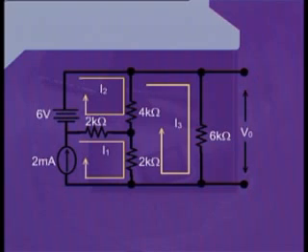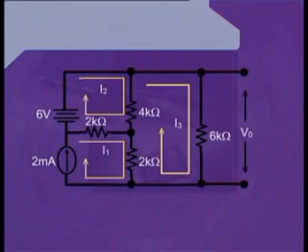Accordingly, we also consider that the current flowing through mesh number 1 is I1, and I1 is flowing in the clockwise direction. When we take mesh number 2, we also assume that the current flowing through mesh number 2 is I2, and this is also flowing in the clockwise direction.